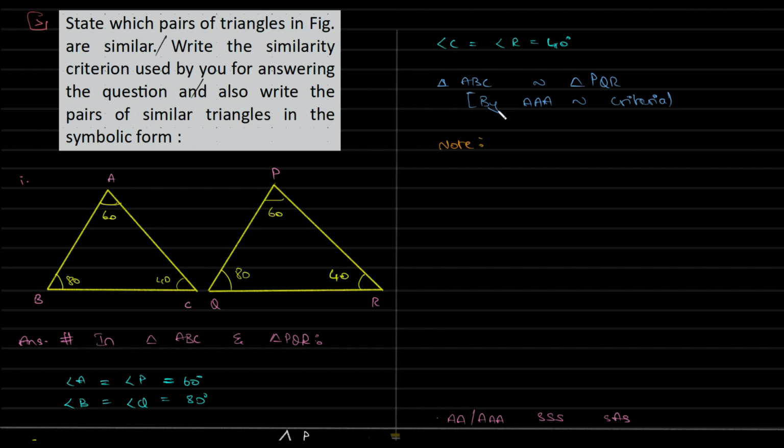A small note. The order is, again, I told you, very important, and you can write the answer in many manners. So ABC, now it is BCA. If I had written BCA in place of ABC, I need to write in place of B, it is Q, in place of C, it is R, and in place of A, it is P. So the order matters, and the way you conclude the answer is important.